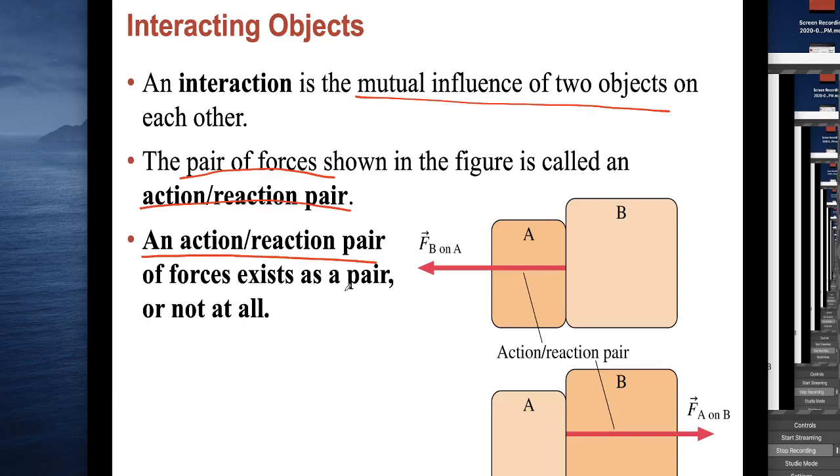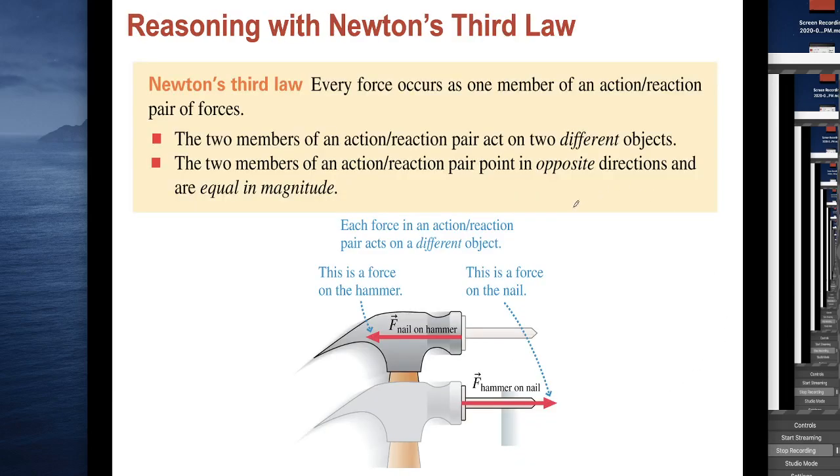So you cannot find a single force which doesn't have its reaction force. For example, if box B is pushing A, then A must be pushing B back. Another example is if the hammer is hitting the nail forward, then the nail must hit the hammer backward.